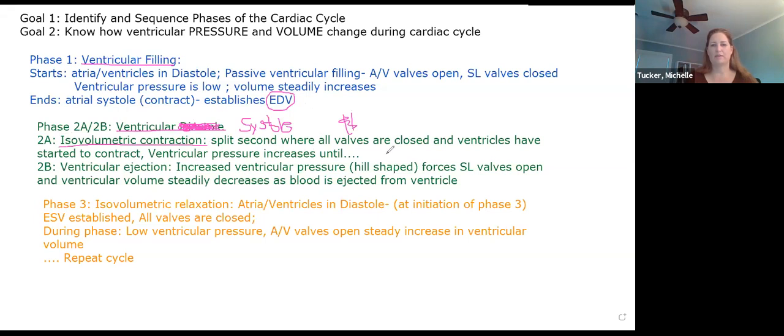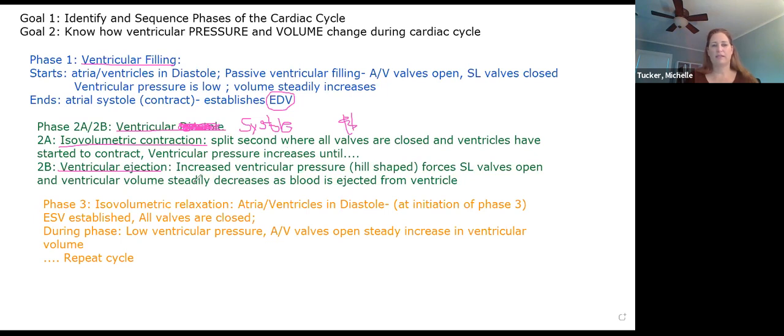The split second where all the valves are closed and the ventricles have started to contract. So ventricular pressure is increasing, the volume is constant because it's isovolumetric, and the ventricular pressure increases until ventricular ejection, where the ventricular pressure is going to force the semilunar valves open.